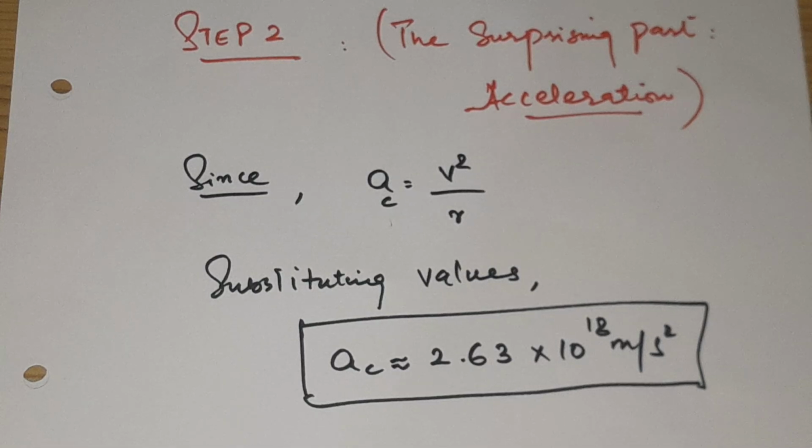Acceleration is the rate at which velocity changes, and velocity has both magnitude and direction. The electron's speed remains constant, but its direction changes continuously as it moves around the circle. Therefore, the electron is continuously accelerating.